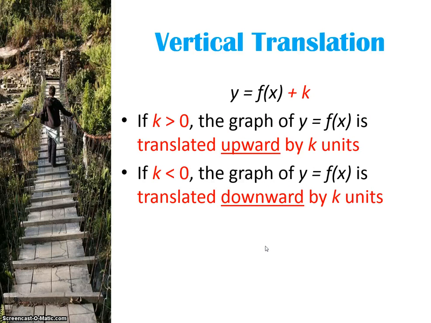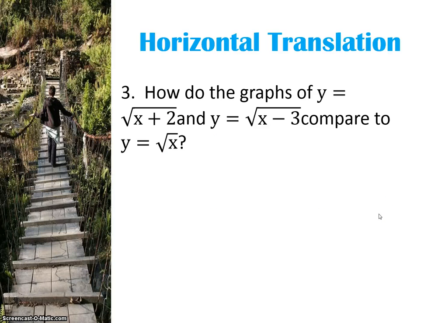So an overall rule: when we add k to the overall function, whether it be an x squared graph or a root graph, if k is greater than 0, it's going to move it up k units. If k is less than 0, or negative, it's going to move it down k units. The exact same rules as for parabolas. Okay, now what happens if we have the +2 and the -3 underneath the root sign?